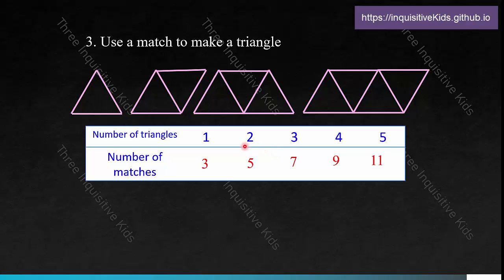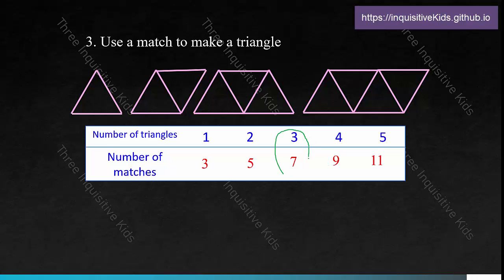One pattern there is, because there could be more, is that the number of matches is 1 plus the product of 2 times the number of triangles. So if there's 1 triangle, we need to times the 2 and plus 1 to get to 3. So goes for the rest of the triangles, 2, 3, 4, 5.